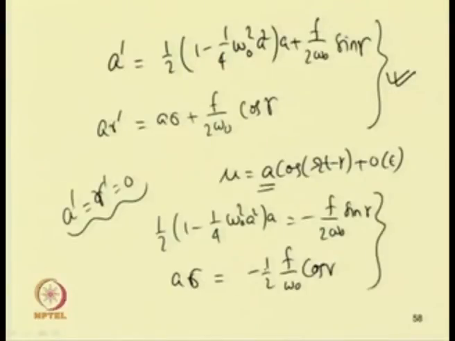So, now by squaring and adding, we can get this equation. Let us take one term, that is rho equal to 1 by 4 omega 0 square a square.